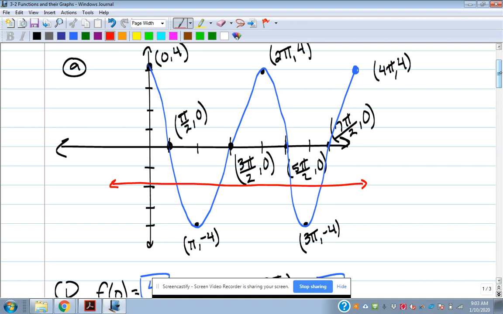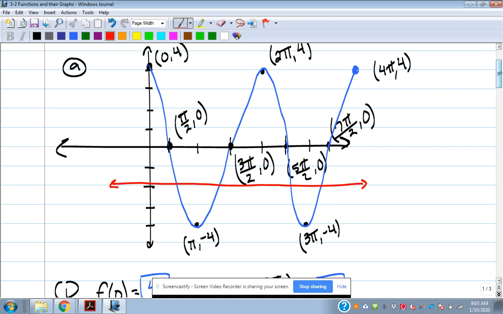It's hard to remember because different subjects use different terms. All right. Okay. So it's not a vertex. If it were a parabola, yes, it would be a vertex.